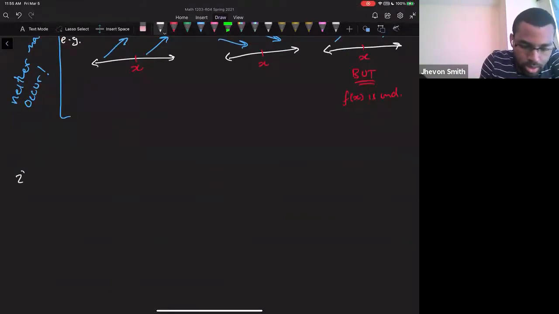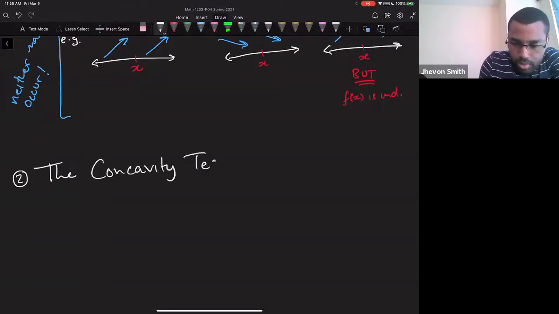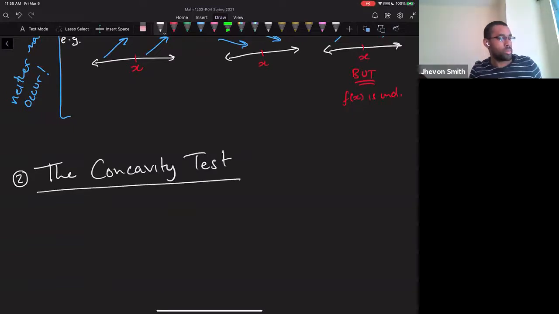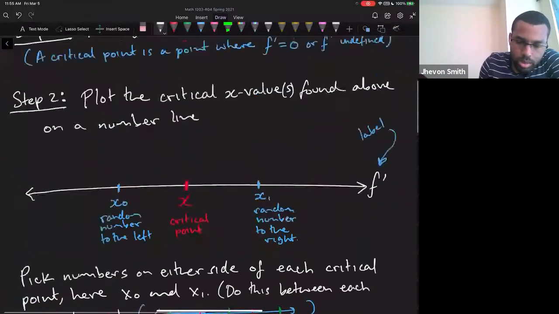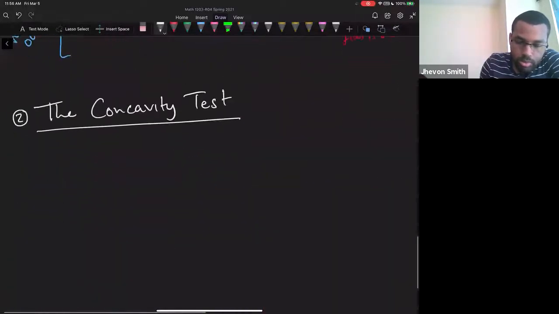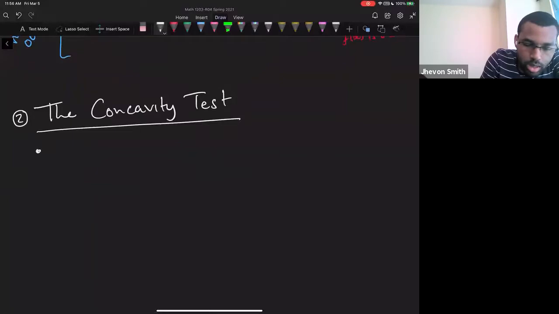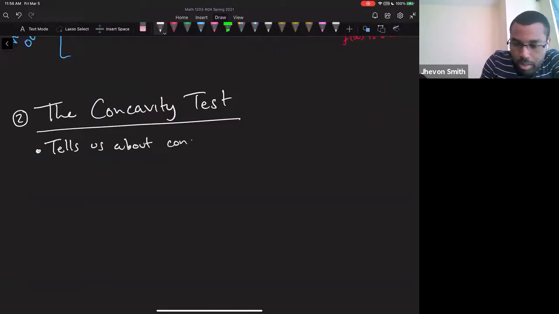Let's talk about the concavity test. Here it tells us about where something is concave up.